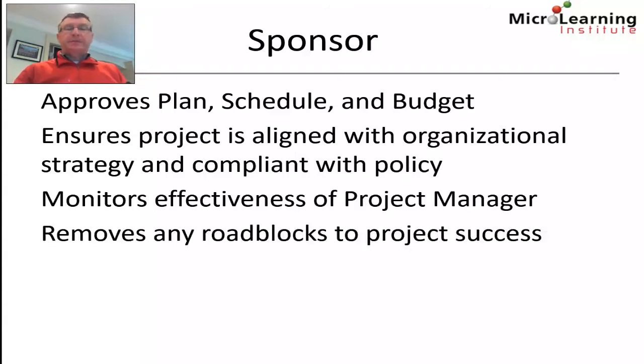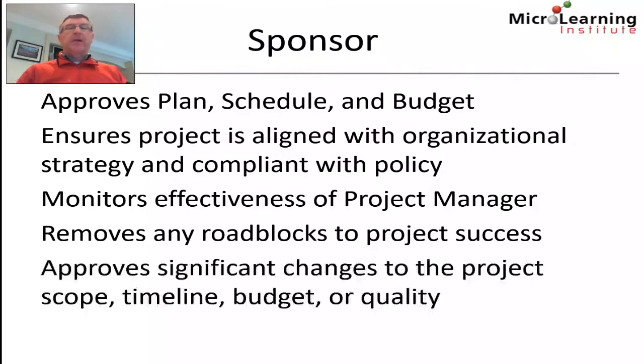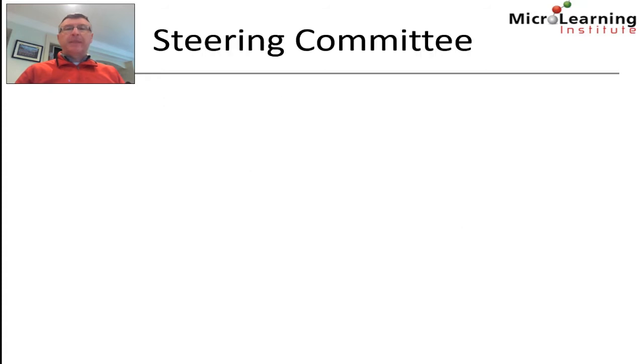The sponsor's other role is to remove any roadblocks to project success. If there are issues around resource availability or time availability, the sponsor can lobby at senior management level to remove these roadblocks. Also, the sponsor approves significant changes to the project scope, the project timeline, the project budget, or the quality deliverables of the project.